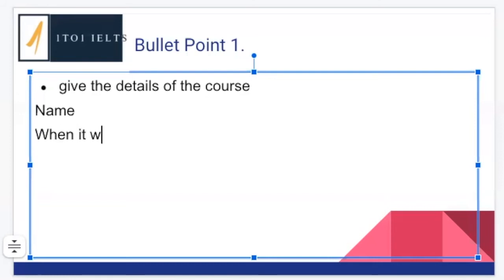And yeah, when it was. Content, excellent. The main points here, I'm going to say that's the kind of content, what the course is about.